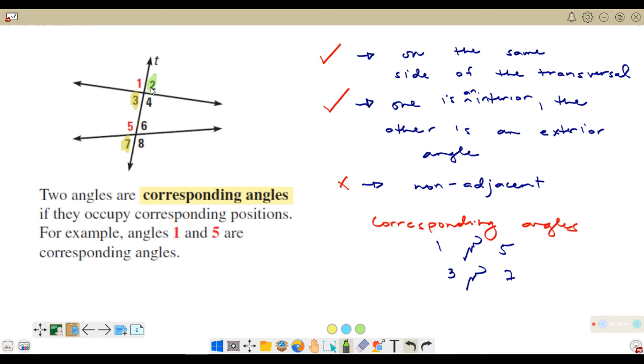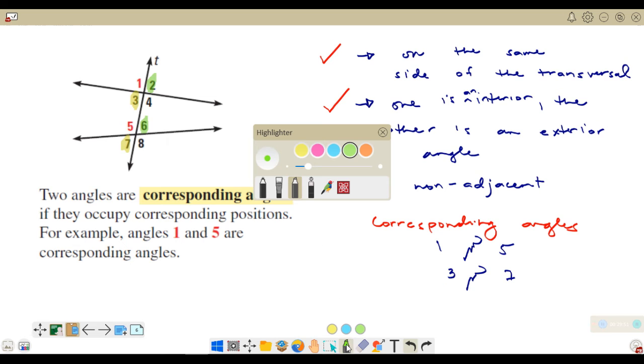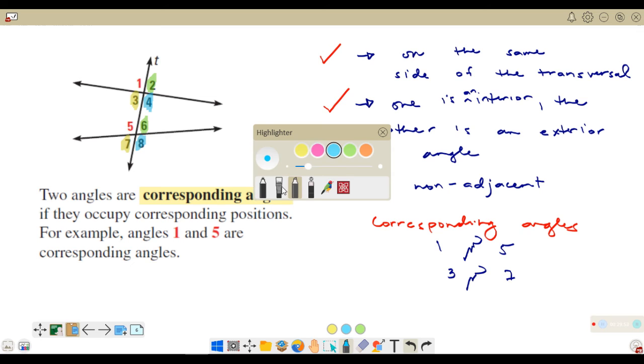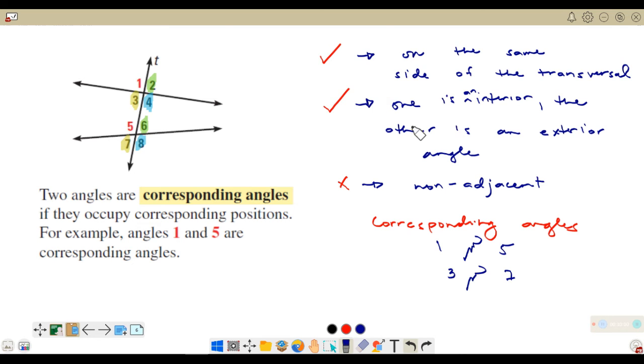Next, si 2 at saka si 6. And finally, 8 and 4. Kinolor coding ko na para madali nyo siyang makikita. 3 and 7, 2 and 6, 4 and 8. Yan yung kompletong listahan natin ng mga corresponding angles. Okay?